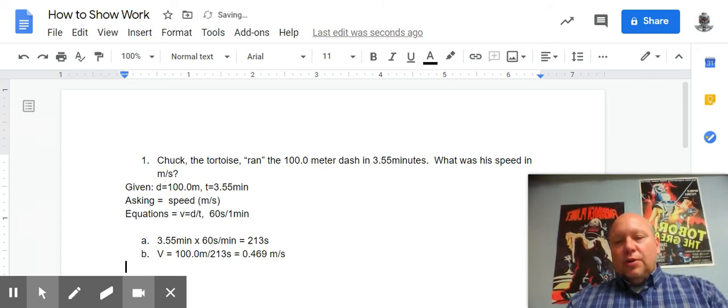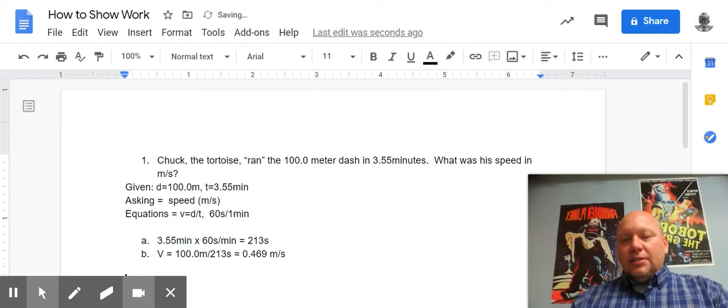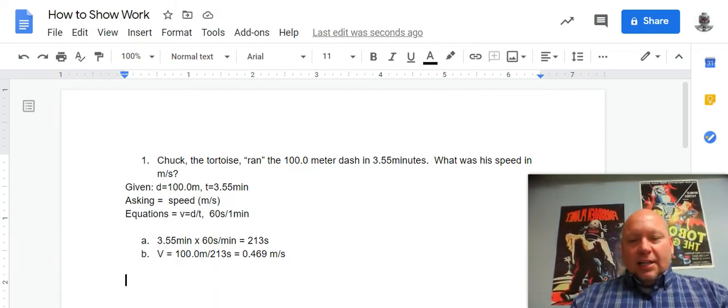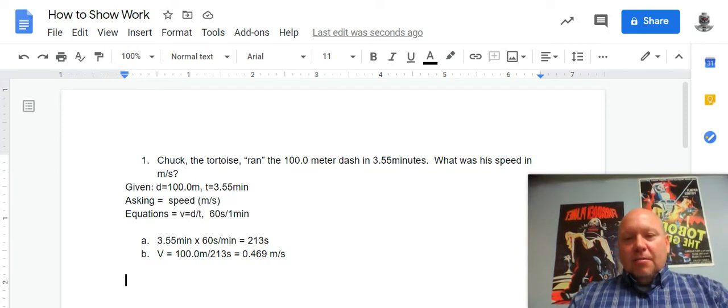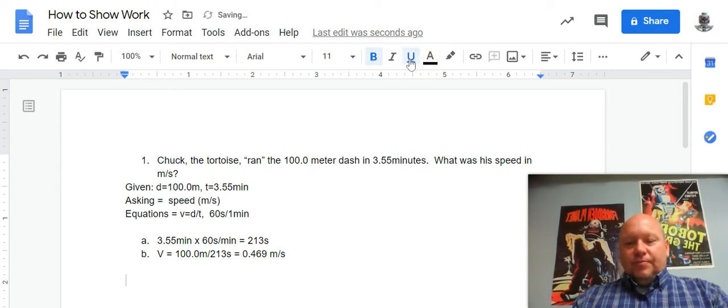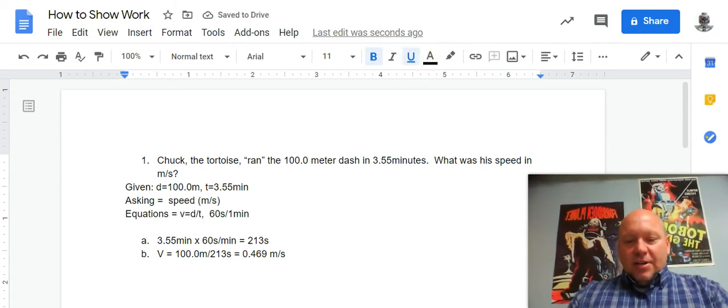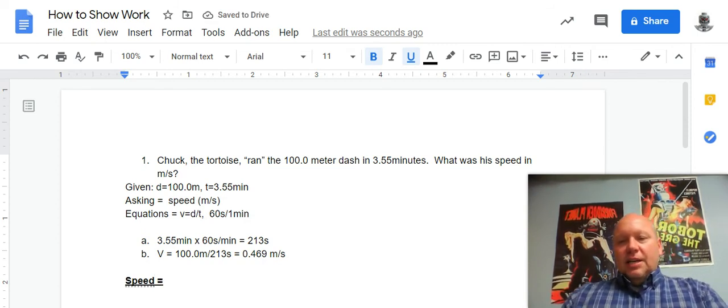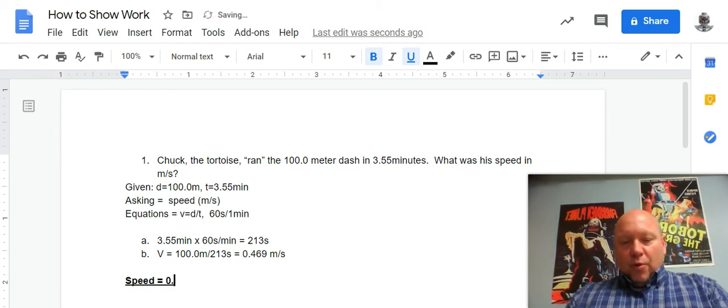to somehow, in some way, boldly, strikingly, alarmingly make apparent what your answer is. However you want to do it, just as long as it's obvious to me. You can put speed equals, or Chuck's speed equals, the tortoise's speed equals 0.469 meters per second.